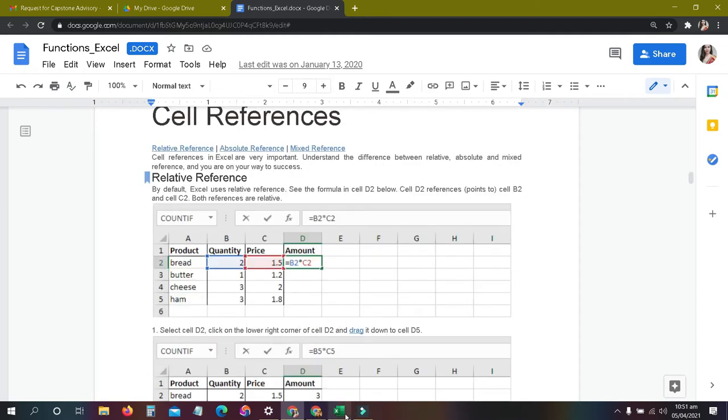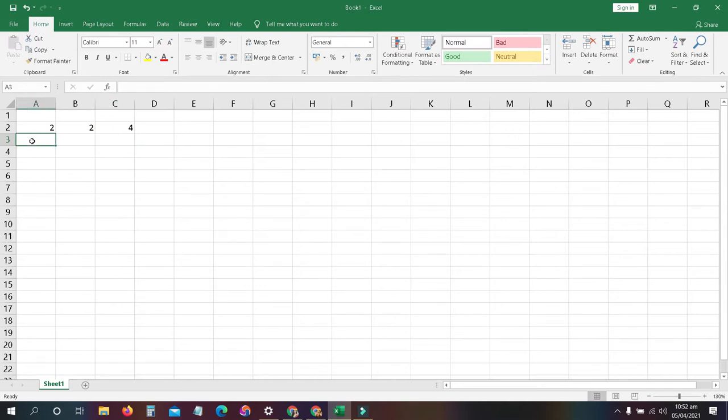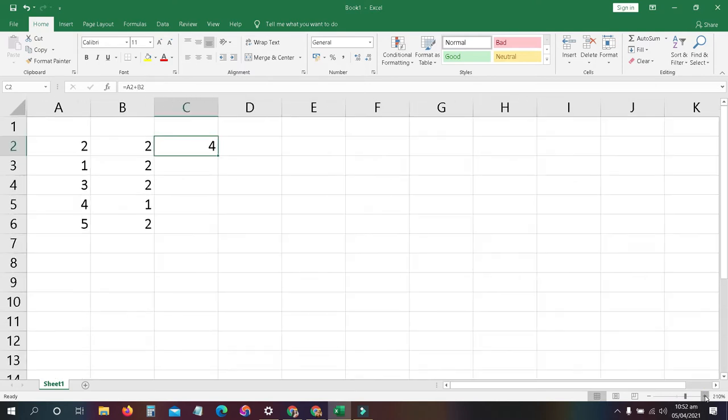One more thing about relative references. When we use relative references, for example, we have certain data here. I will give you data here. We will make use of that formula in cell C2 and apply it to the rest of the cells.